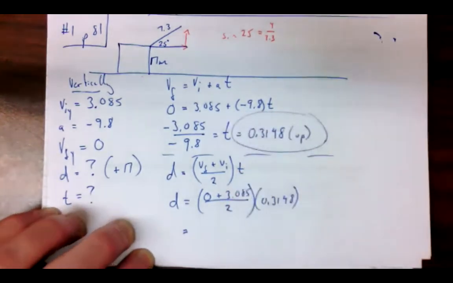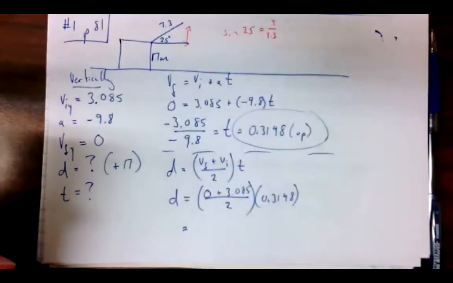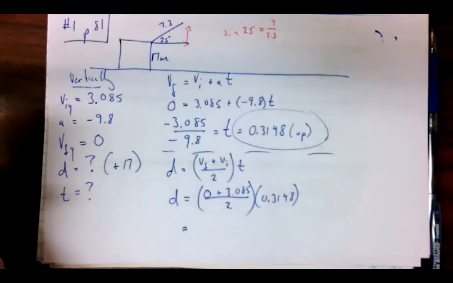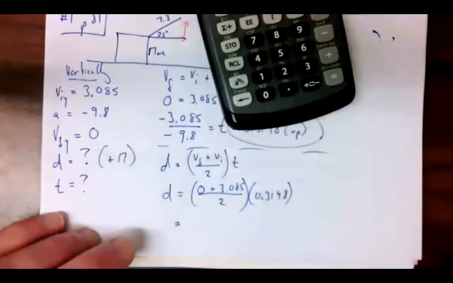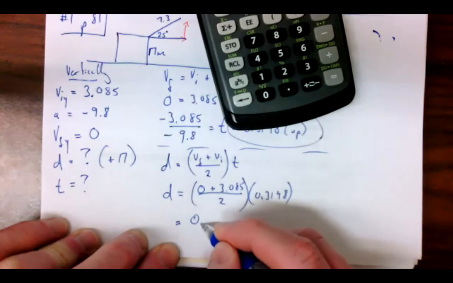Let's circle the things I need to come back to. I'm going to block the screen for those of you writing. 3.085 times 0.3148 equals 0.97 blah, blah, blah, divided by 2. 0.4856.